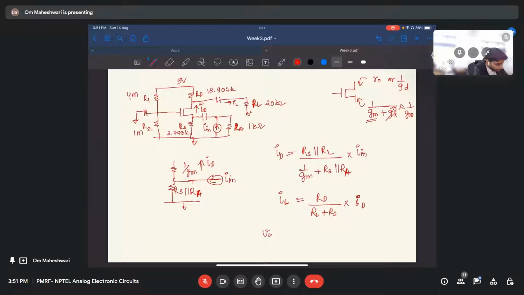And V out will be RL into IL, so it will be RD RL by RL plus RD into ID. This is V out.